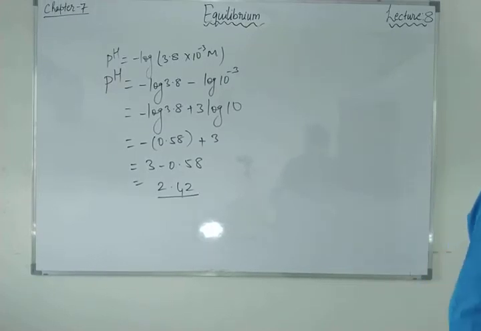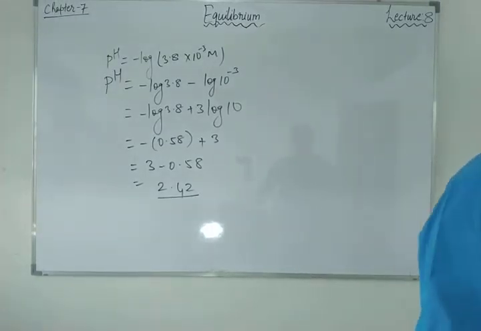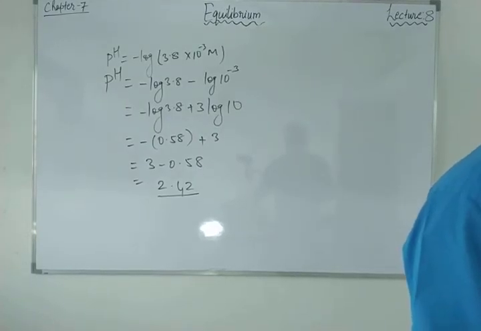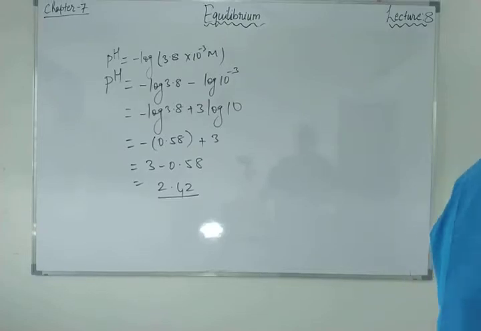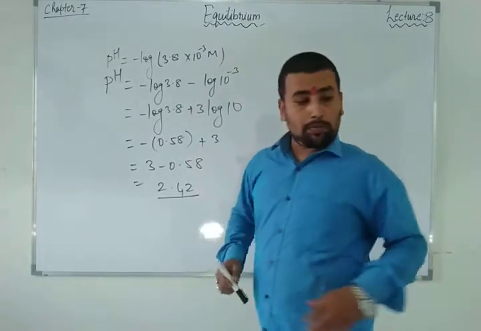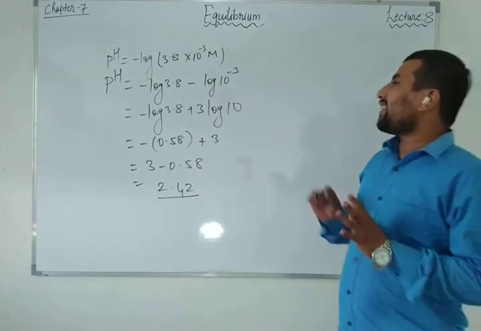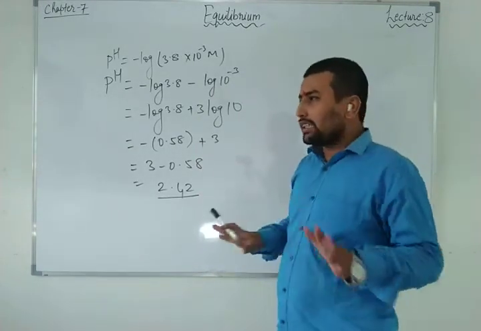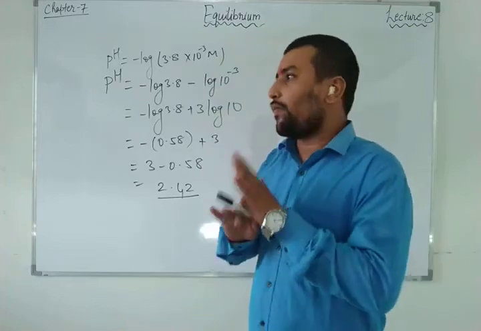Same process, nothing else. What do you have to calculate? pH. In the same process, you can calculate the pH of this 1.0 into 10 to the power minus 8. Just remember the log values, nothing else. If you know the log value, then it's very easy.